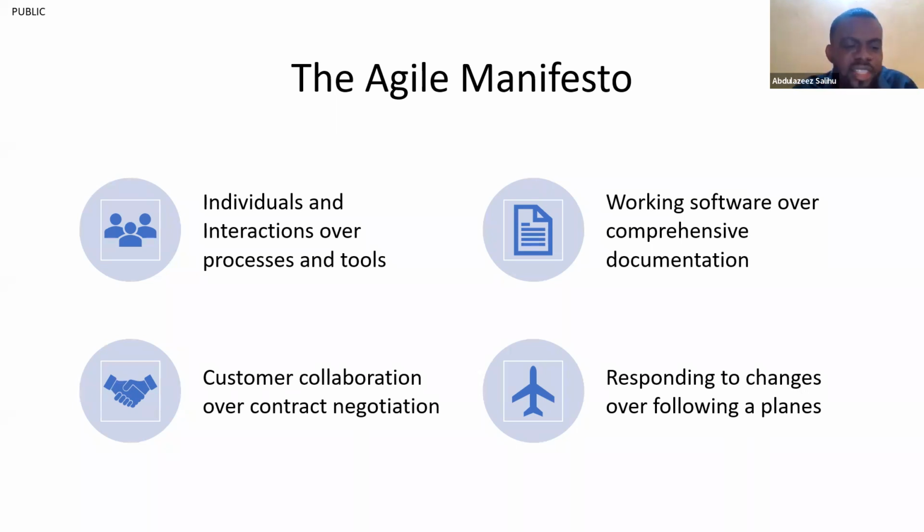This is where your daily stand-up comes in. The next is build a project around motivated individuals. This is where your Agile values come in: value of respect, value of openness, courage. We'll get there.